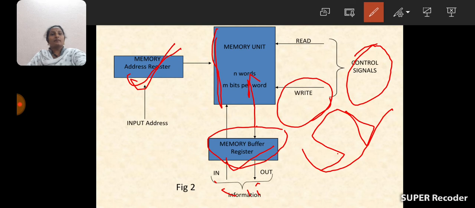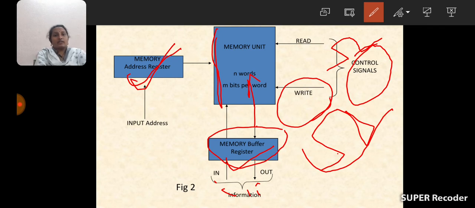Is it clear? If we would like to recall the data, the read bar signal means we need to apply a clock pulse at read, then only we recall the data from the memory unit. Is it clear? Then only we can recall the data from the memory.